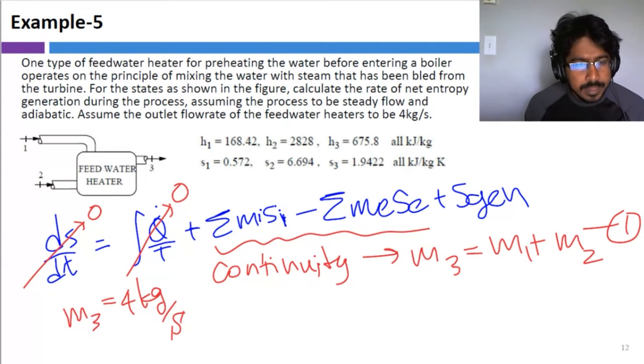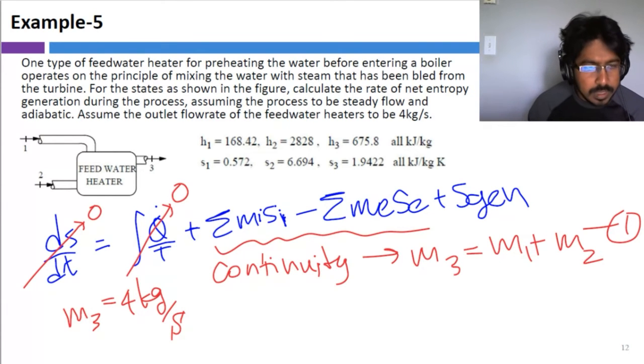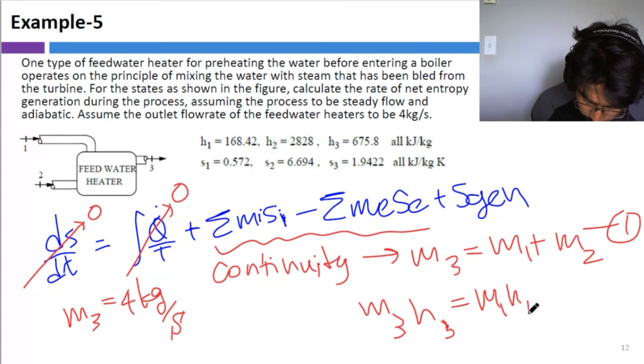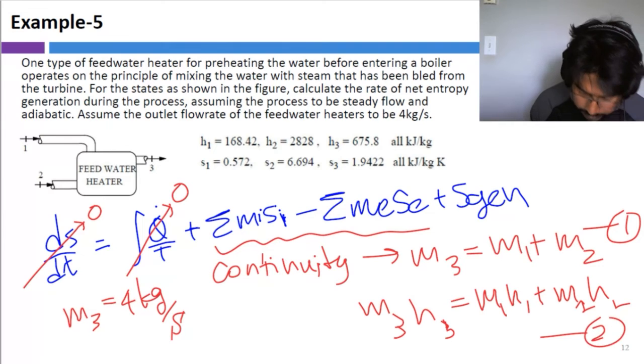And if we write the first law equation, with adiabatic conditions, no work done, and the kinetic energy and potential energy differences neglected, we can say that M3H3 equals M1H1 plus M2H2, the second relationship.